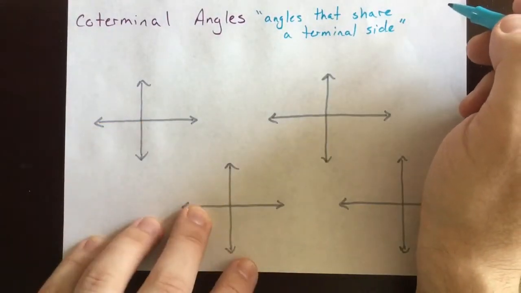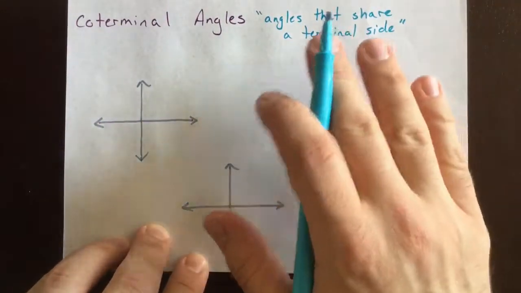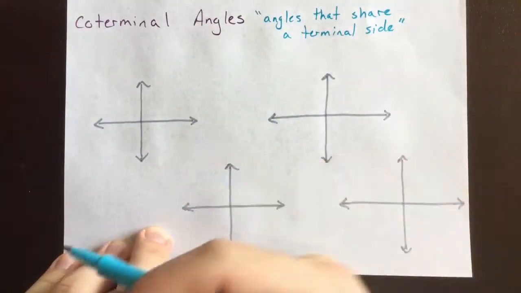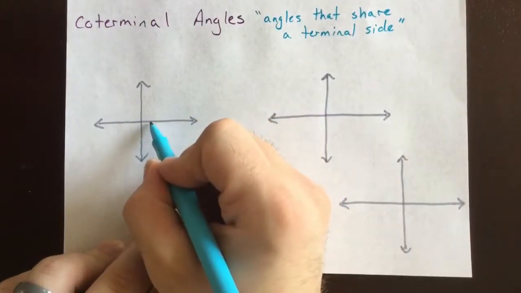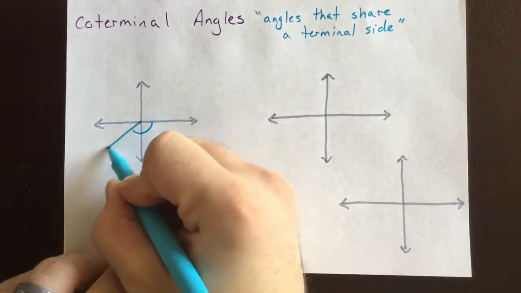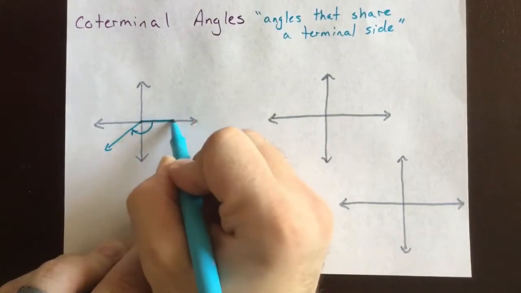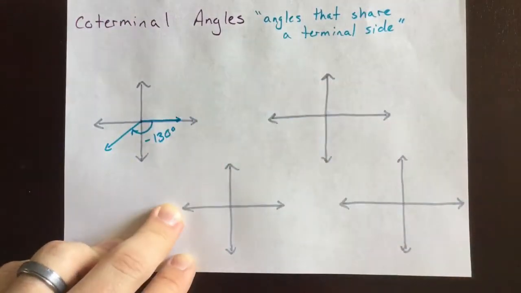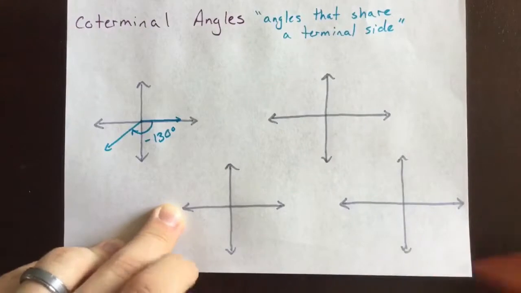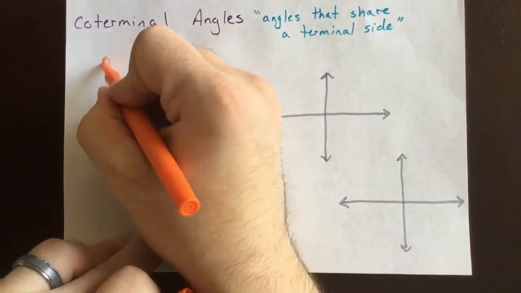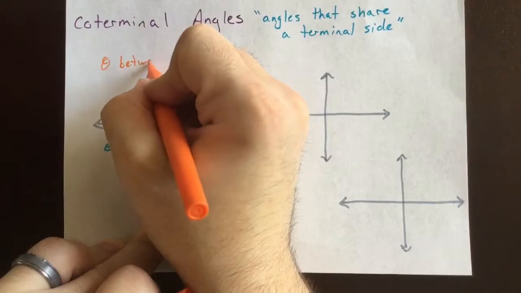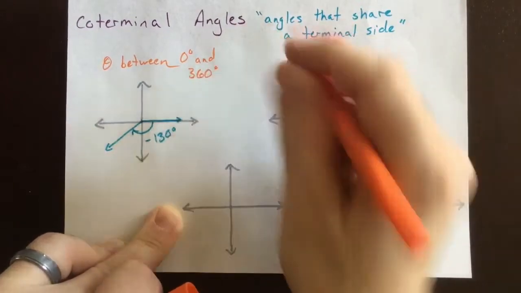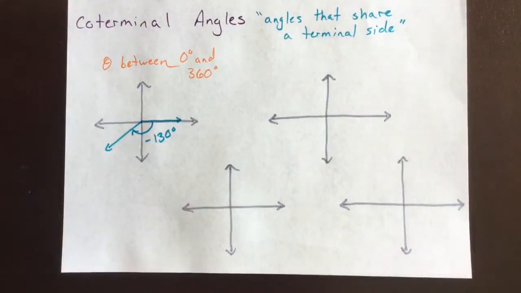Okay? So let's examine this for a little bit. Typically, if you're looking at coterminal angles, you'll be given an angle measure and you'll be asked for a coterminal angle. So let's say we're given negative 130 degrees, and we desire a coterminal angle that is between 0 degrees and 360 degrees. So essentially we're looking for a positive angle measure.